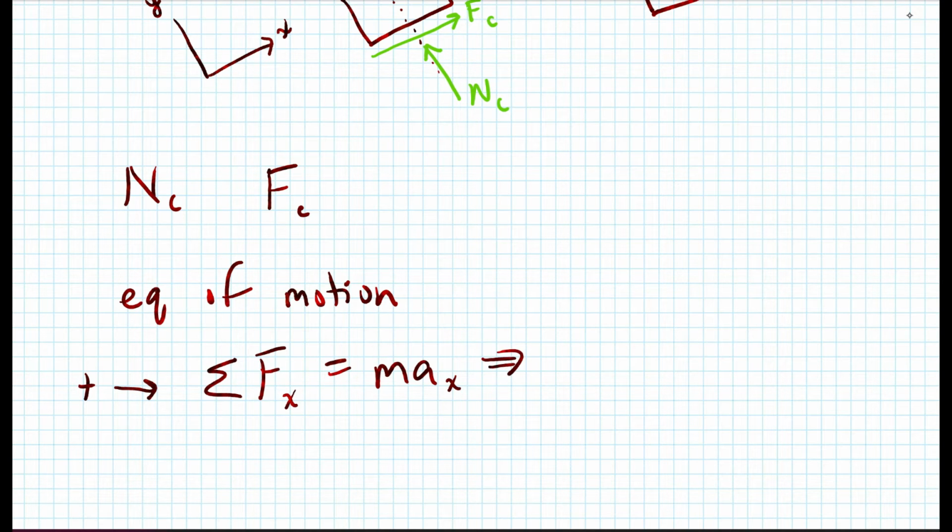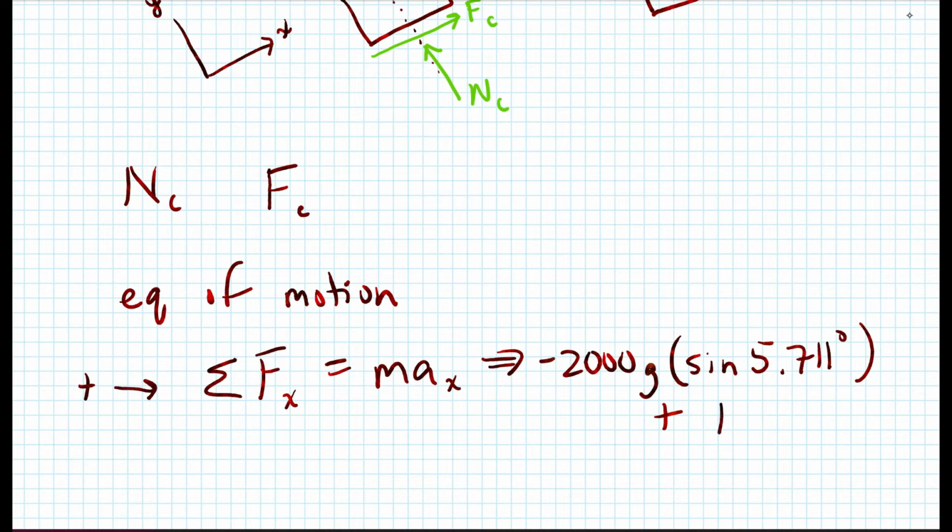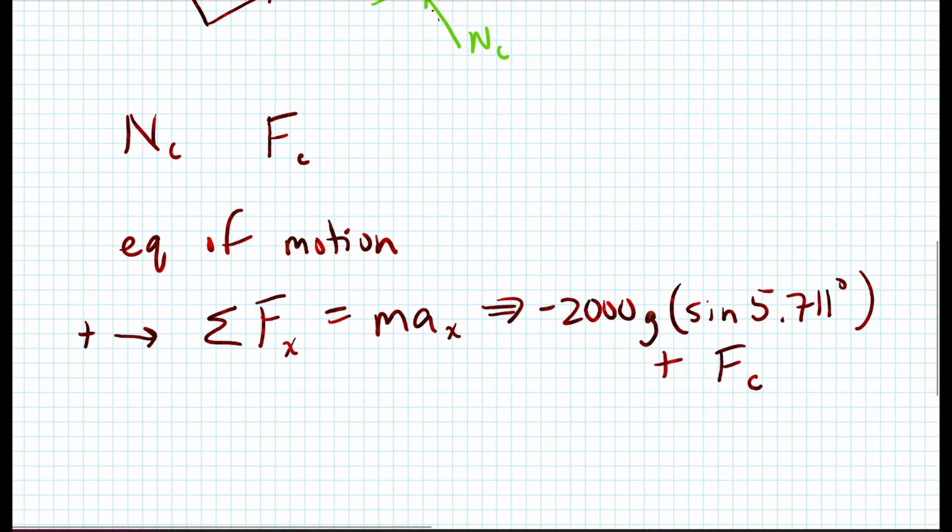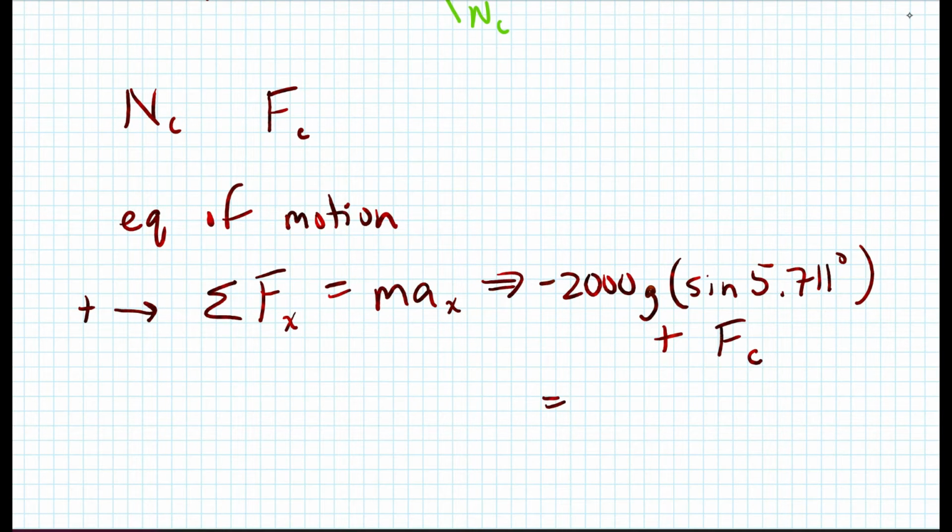For us that yields negative 2,000 times the sine of 5.711 degrees plus F sub C, and this equals 2,000 a sub x.